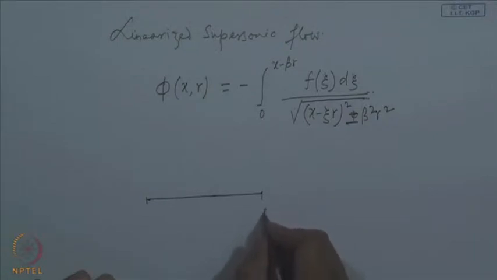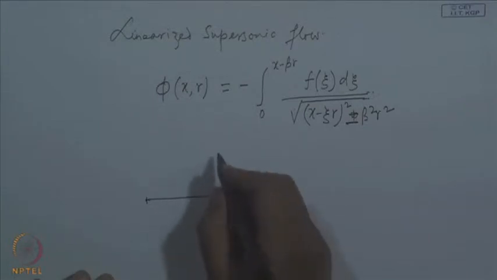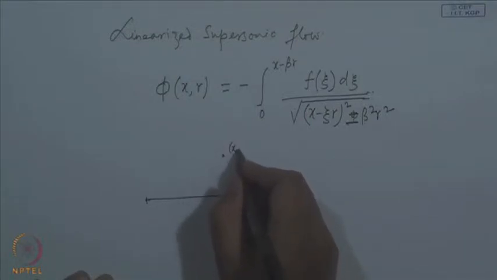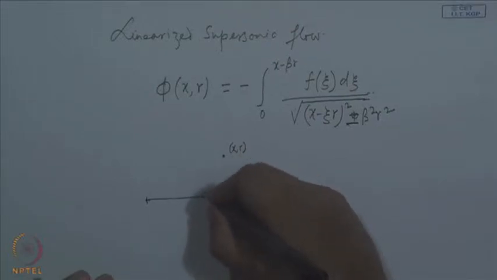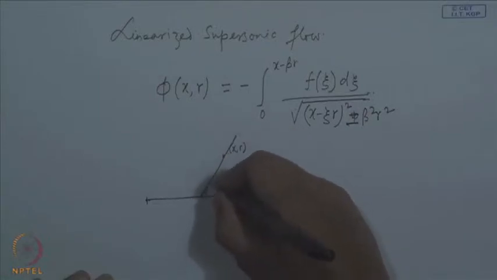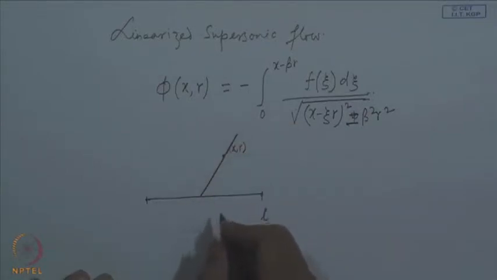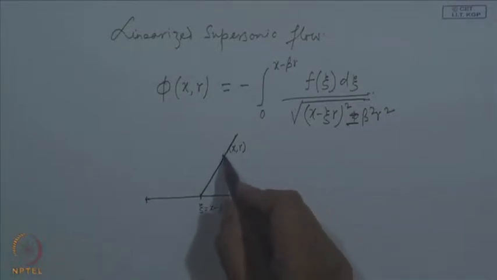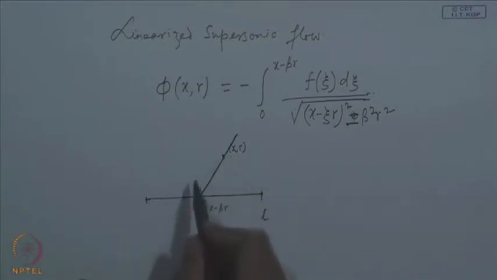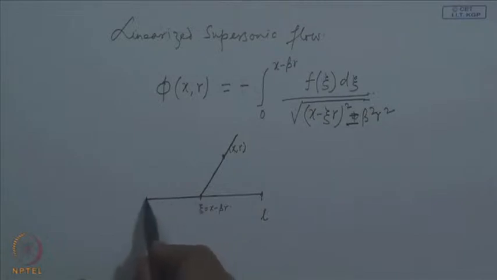Let us say this is the axis of the body from 0 to L. The source may be distributed over the entire length L. However, for the potential at point x r, the potential at this point is influenced by the source distribution over this part of the body.